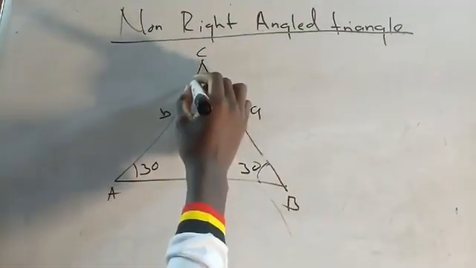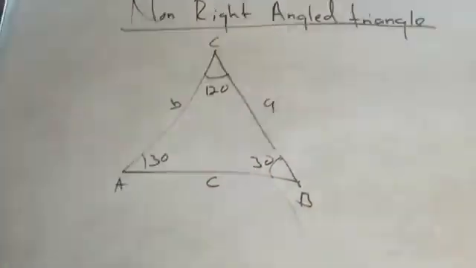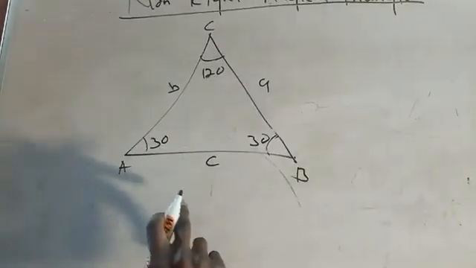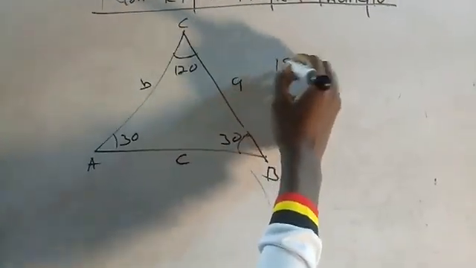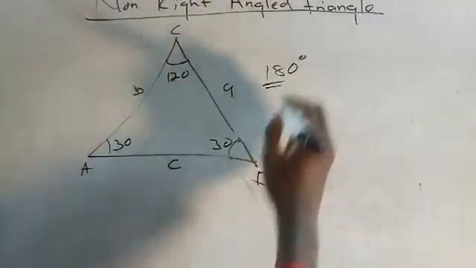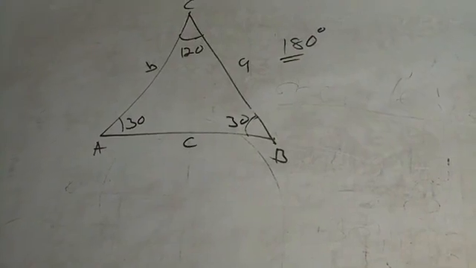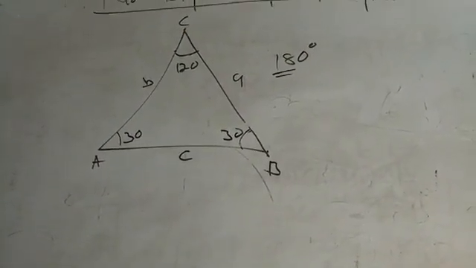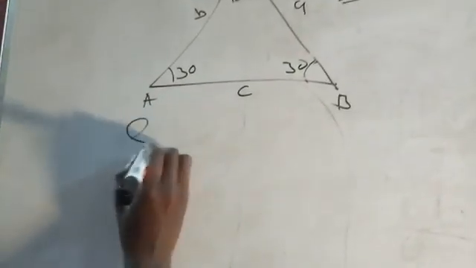So here it will be something like 120 degrees, and when you sum them up, you will get 180 degrees. So in non-right angled triangle, we are gonna look at what we call the sine rule.